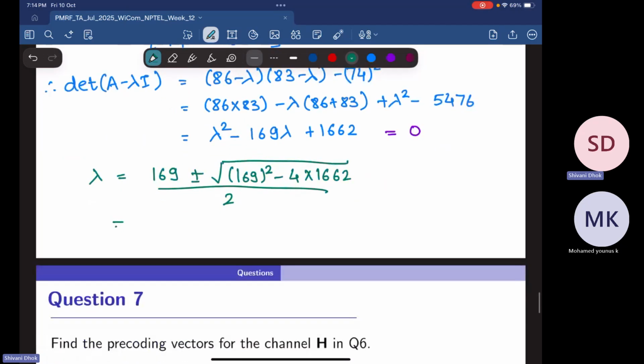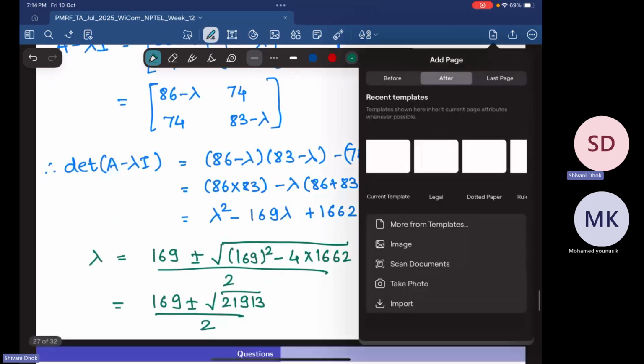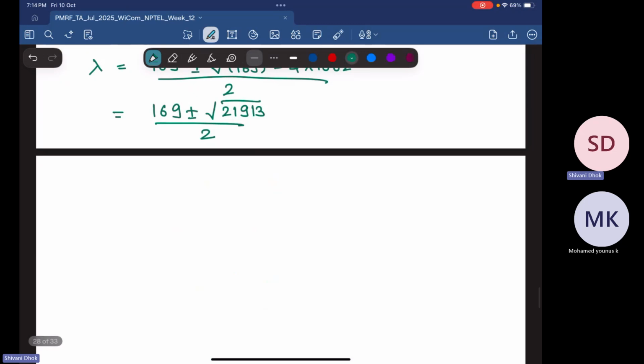So this comes out to be 169 plus minus under root of 21913 divided by 2. And if you solve this, then your lambda 1, which is nothing but your sigma 1 square, comes out to be 158.515. So this is the first eigenvalue of your H Hermitian H, and lambda 2, which is nothing but your sigma 2 square, comes out to be 10.485.